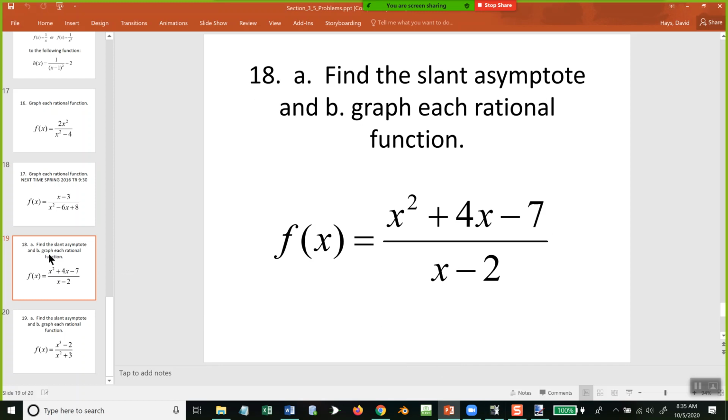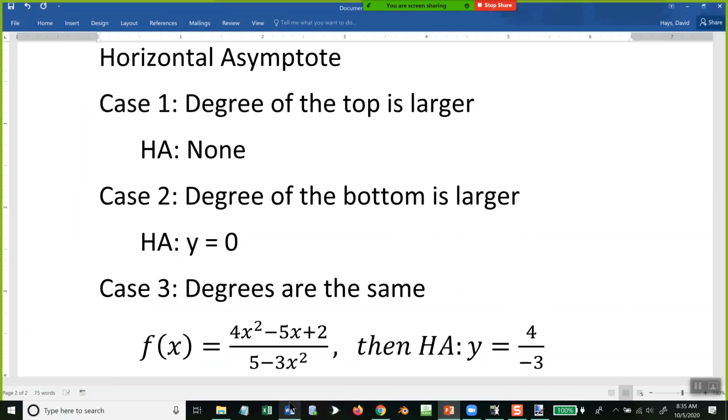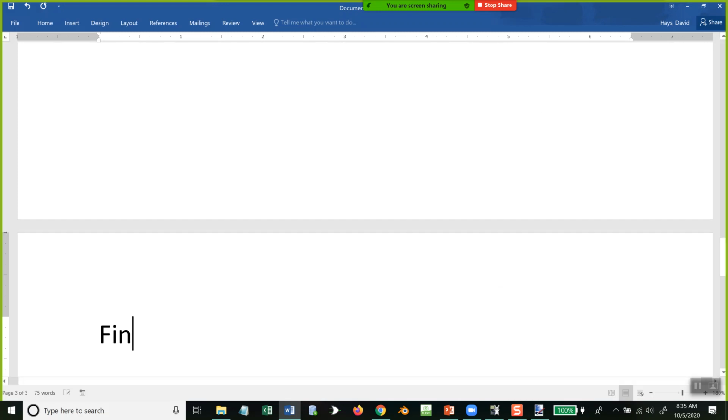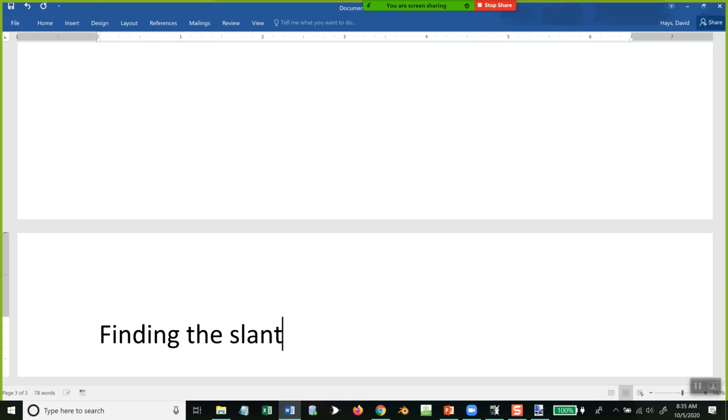Well, the last topic, I'm not going to graph these, but the last topic we're going to take a look at is finding something called a slant asymptote. Some books refer to this as oblique. So finding the slant asymptote.